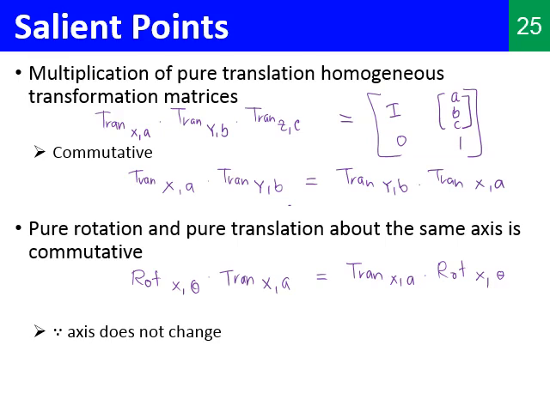So the resulting H matrix would be, so we have the rotation of theta, the translation part A 0 0. Okay, so I hope you understood those salient points.